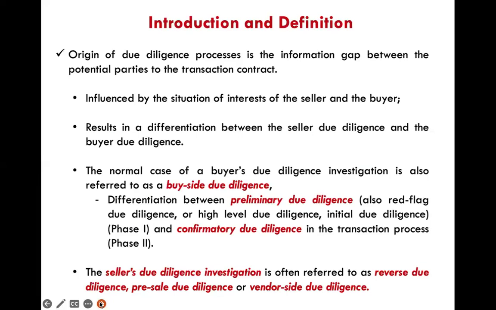And the second stage of the due diligence process in the transaction process is the confirmatory due diligence. So after you have conducted a preliminary due diligence, you may also conduct a confirmatory due diligence before you close the deal. And then the seller's due diligence is often referred to as a reverse due diligence, or a pre-sale due diligence, or a vendor side due diligence.